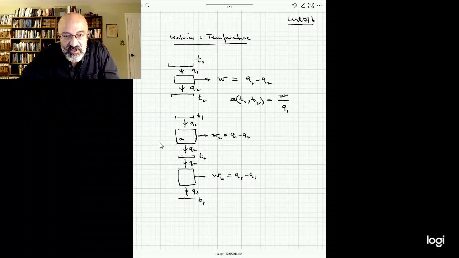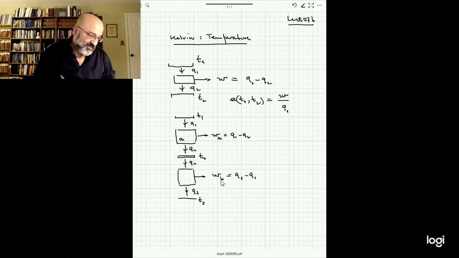Now, why is it interesting to think about such an object? Well, this is an engine, this is an engine, but this whole thing is an engine. It absorbs heat Q1, releases heat Q3, and produces work in the process. So one of the things that we can write immediately is the efficiency of engine A, which is given by WA over Q1.